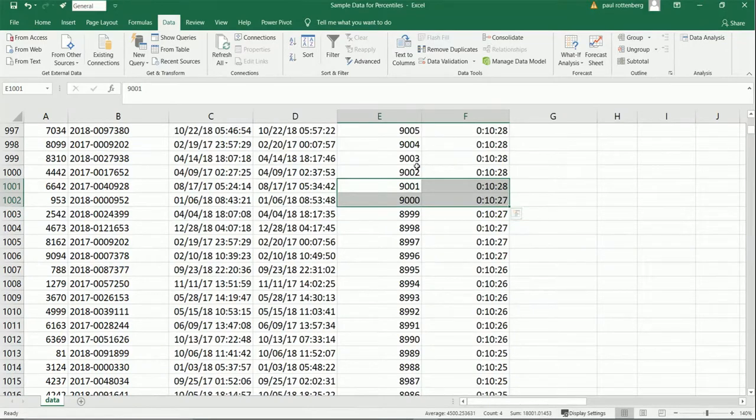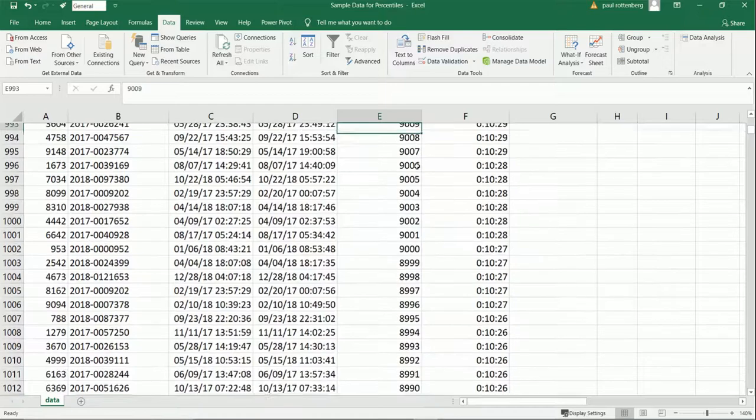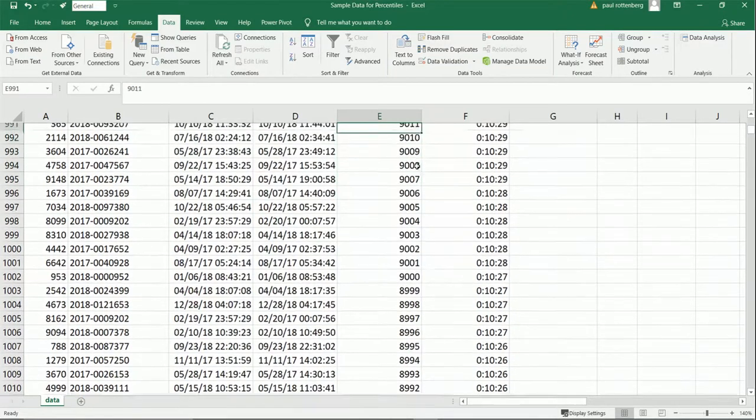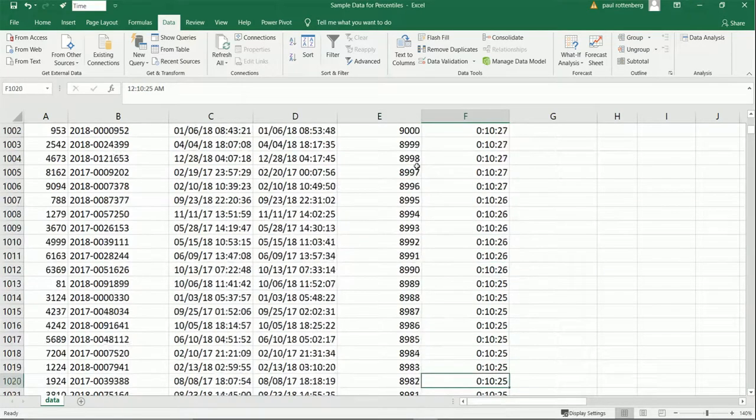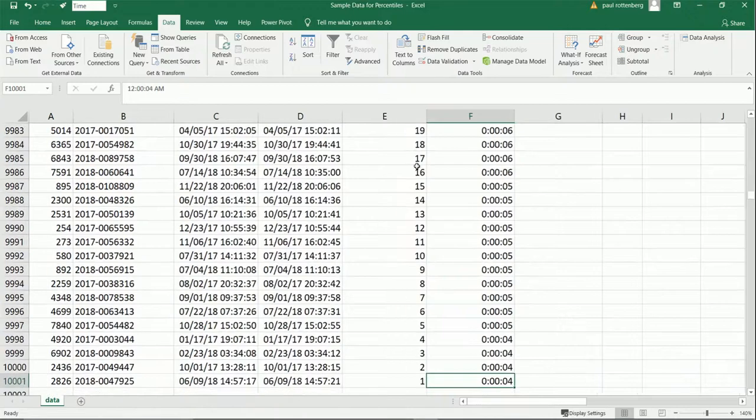It just happened that we had a breakover there, but in most instances, you'll see multiple values at the same level. So here's 1029. It looks like 6 or 7 of those, and then 1028, a bunch of those, 1027, a bunch of those.